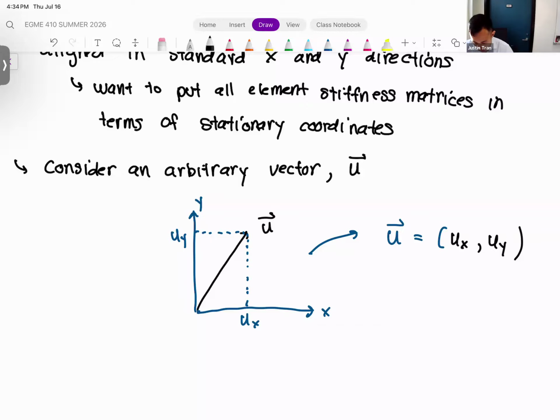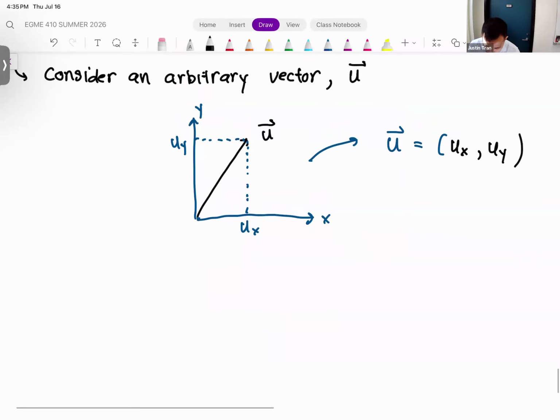Let's take that exact same vector and attempt to draw it exactly the same way. So the vector itself is not changing. That's the important point I want to make. The vector itself is exactly the same.